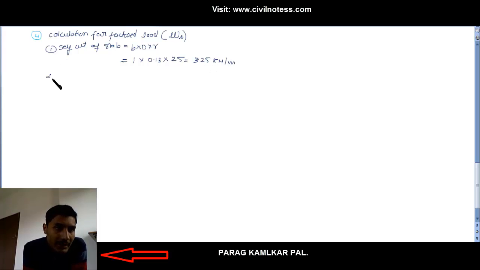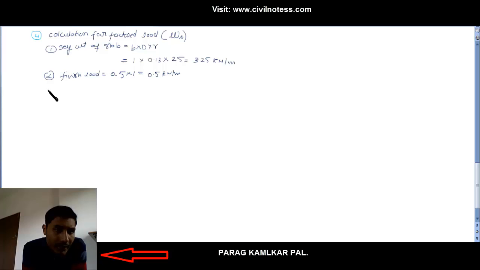Now the second one is the finished load. So what exactly is the finished load? Finished load is floor finish, which is given to you in a numerical. It is 0.5, and in part number 1 I already listed all these values. So 0.5 kilonewton per meter.